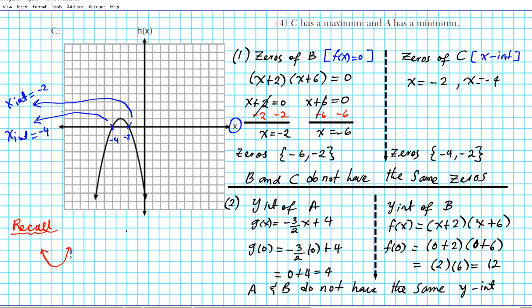If you have a parabola that's happy, or a parabola that opens up, the vertex is a low point, so you have a minimum. So when you're given a graph, if it opens up, it's a minimum. If you are given an algebraic equation, the a value has to be greater than 1. So when a is greater than 1, or you have a parabola opening up, your extrema is a minimum. Keep that in mind. So this is a happy case.